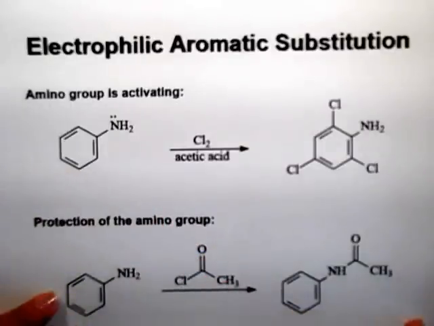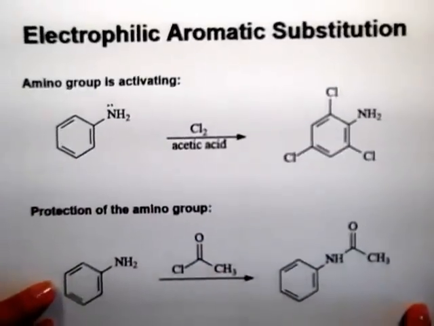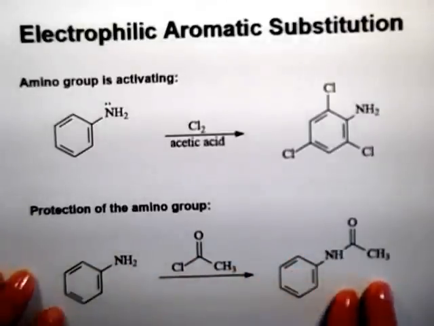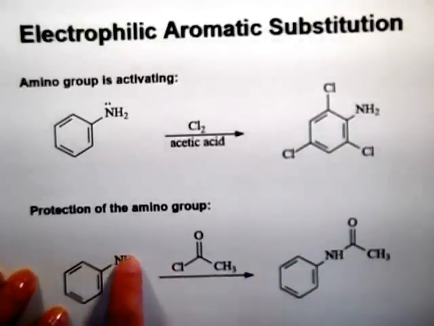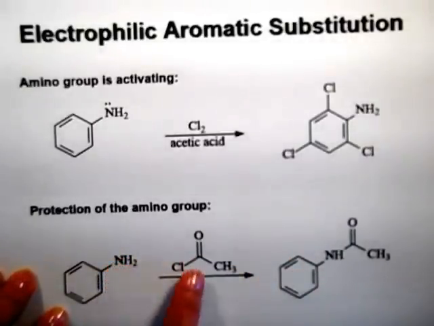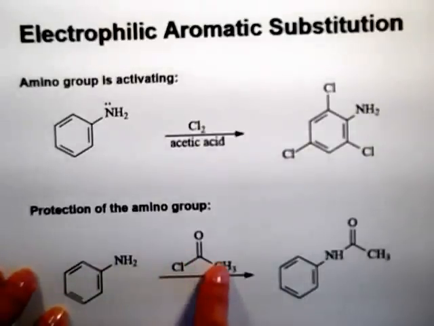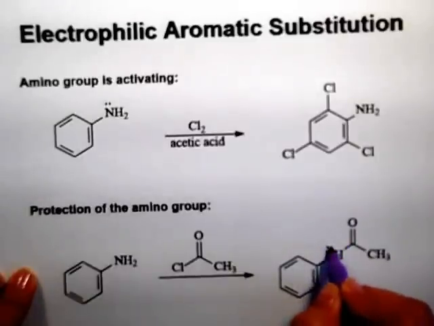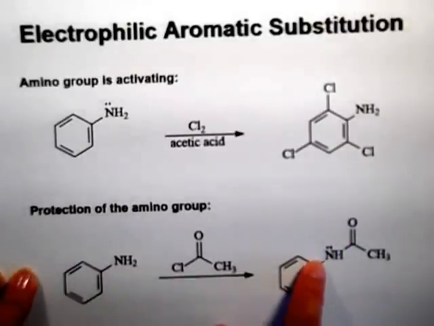Well, here's what happens to an aromatic amine if you add an acyl chloride. It's like the previous reaction that we did, the acylation of the nitrogen. So you take an acyl chloride, and we're going to react it with the nitrogen. Now this nitrogen, it's still an activator.